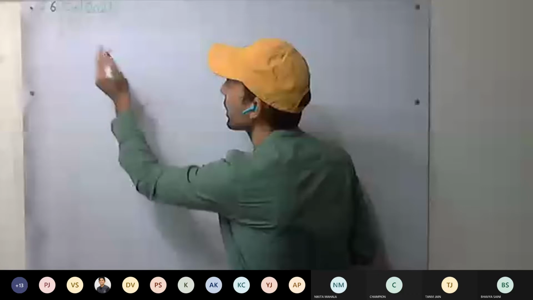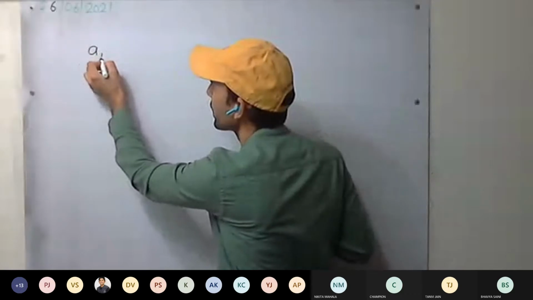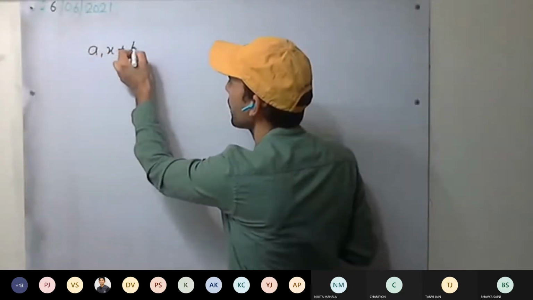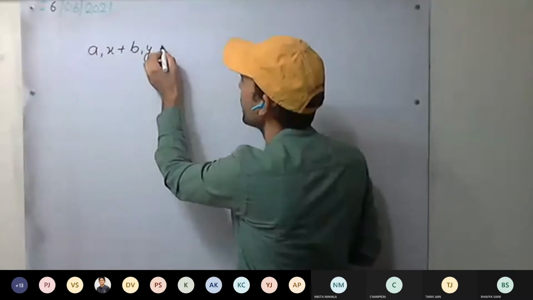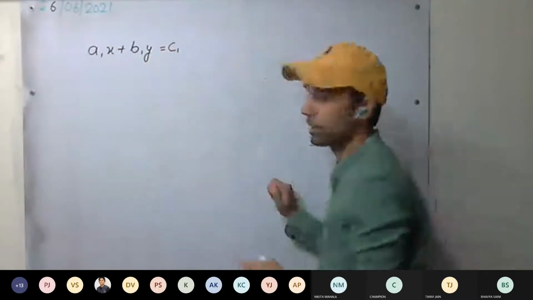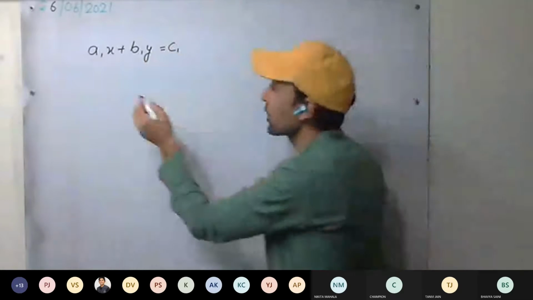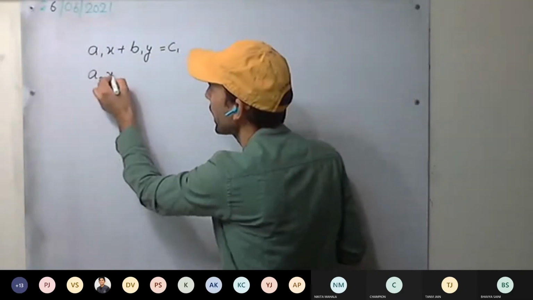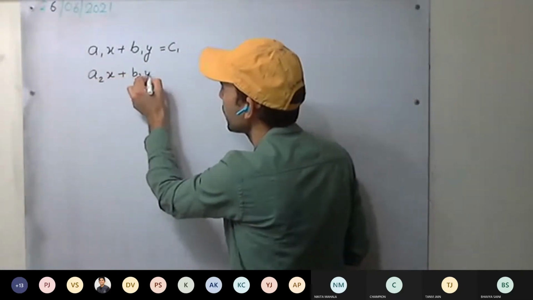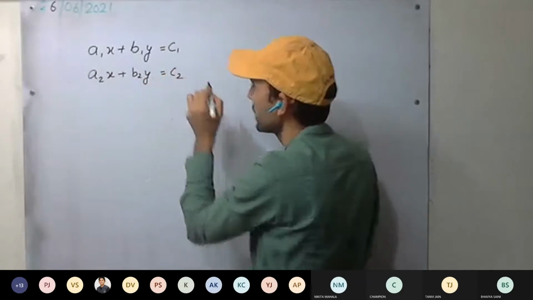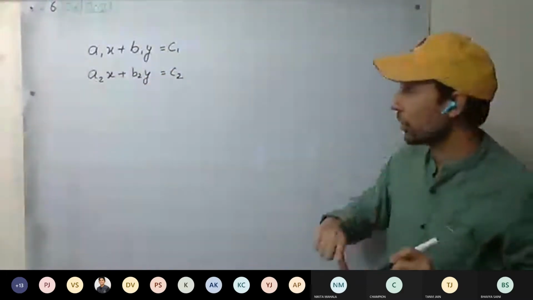So see here, for example, an equation is in this form: a1x plus b1y equal to c1. This is the first equation. Second equation, a2x plus b2y equal to c2. So what are we going to do?